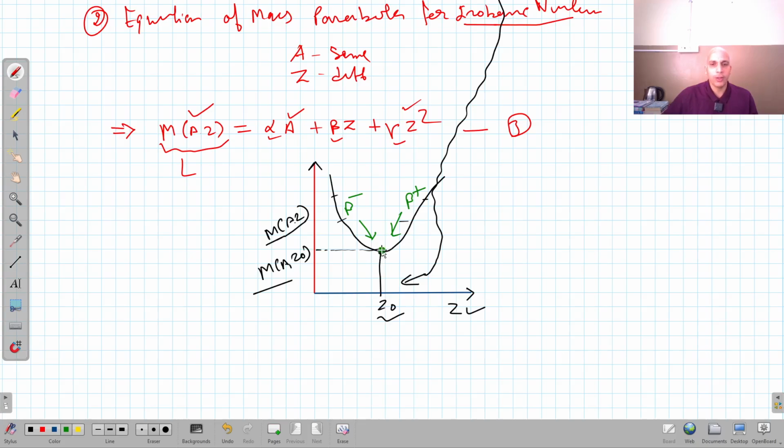And at this bottom, the binding energy will be maximum and the nucleus will be highly stable, and that will be the most stable isobar corresponding to the given value of A, right? So this is the condition for equation of mass parabola for isobaric nuclei, right?